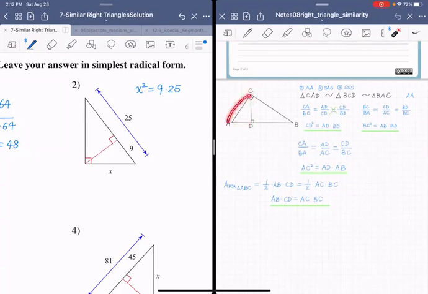So this piece squared is the projection times the whole. Same way, this guy squared is this piece times this whole. That's a fast way of remembering. So go ahead, finish this, please. X squared equals 225. We do the square root. X equals 3 times 5 equals 15. Okay, thank you.